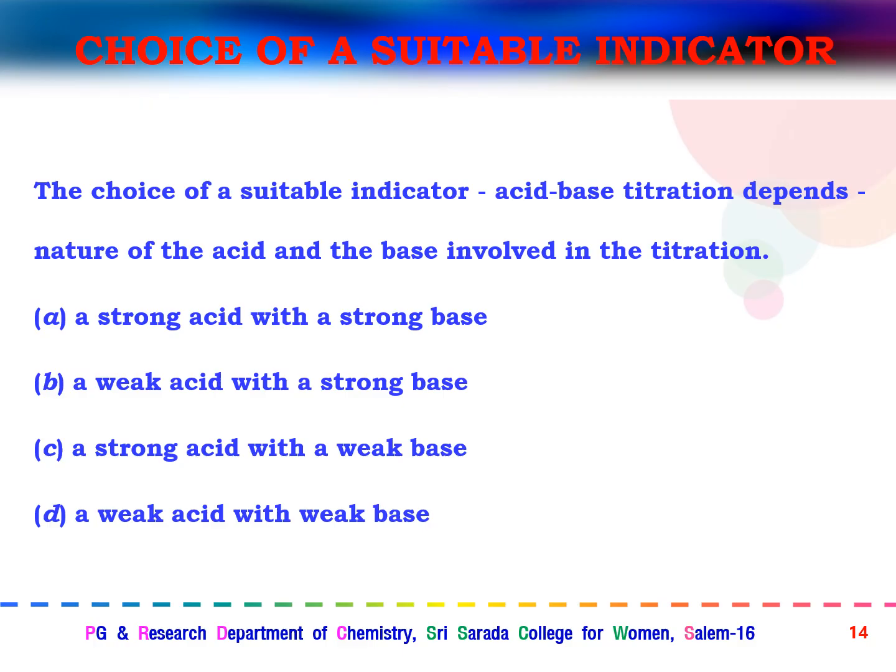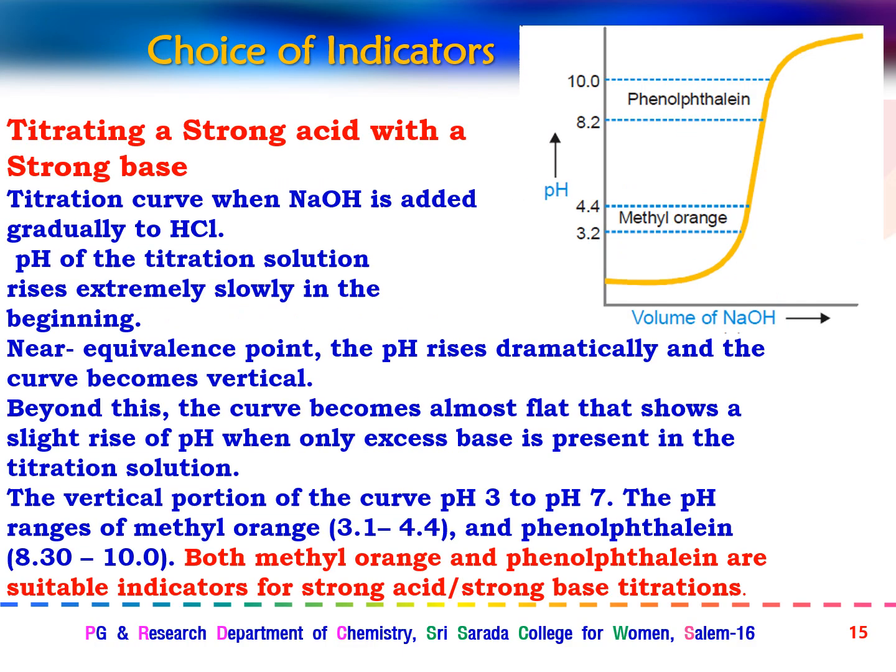These are the different types of titrations: a strong acid with a strong base, a weak acid with a strong base, a strong acid with a weak base, and a weak acid with a weak base.